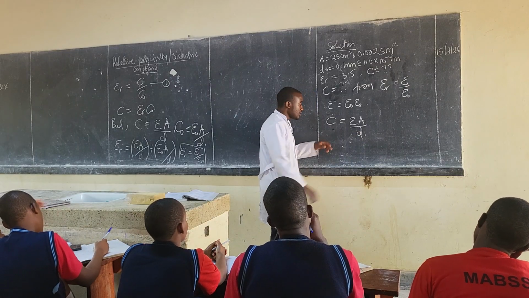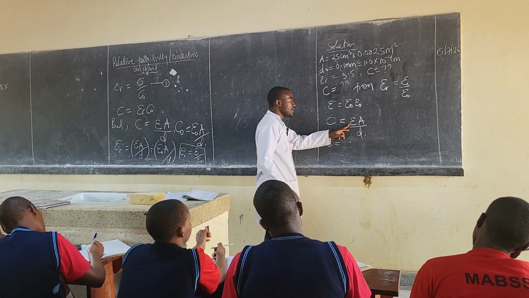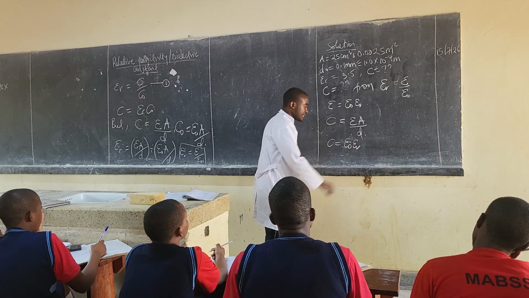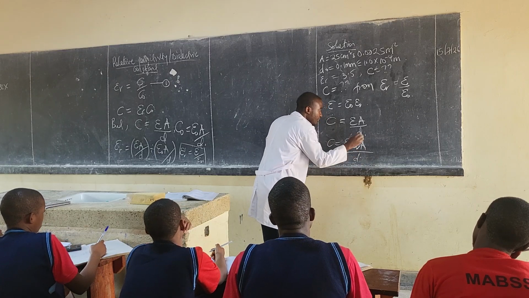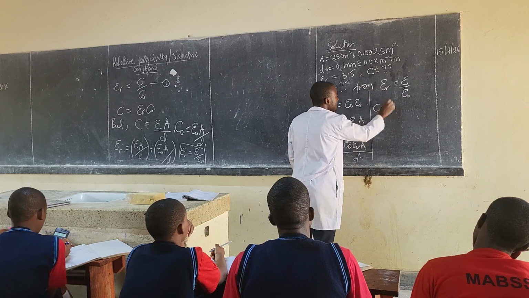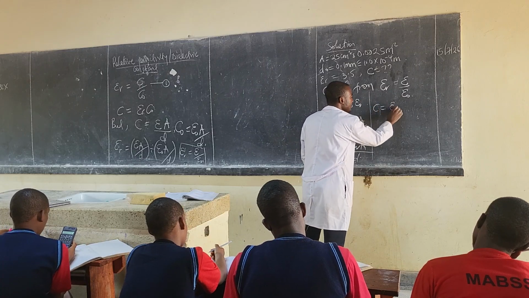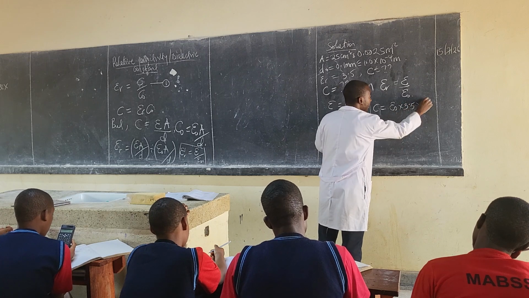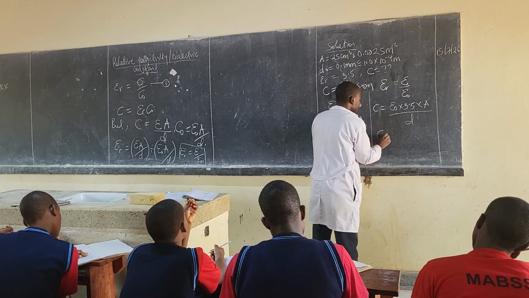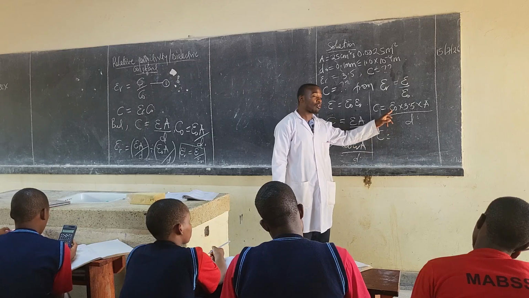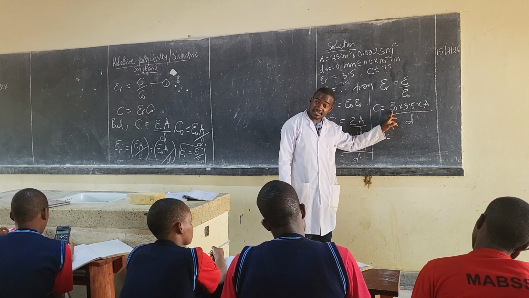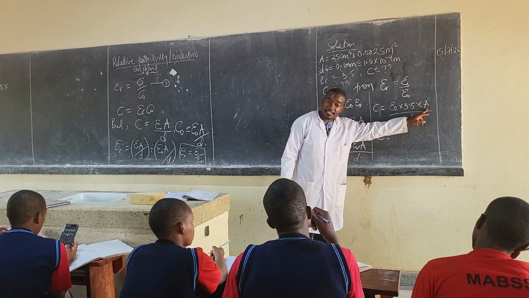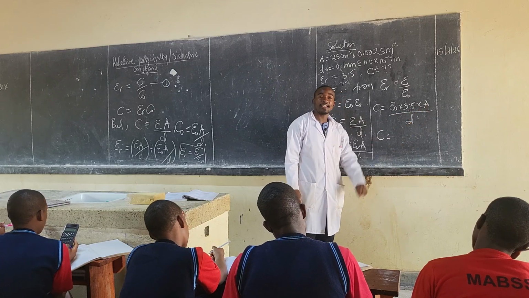Are we together? So this capacitance is E naught ER times A over D. The capacitance is going to be E naught times ER, which is 3.5, times A over D. The value of E naught, we have it, don't we? ER, we have it. A, we have it. D, we have it. And then you compute.